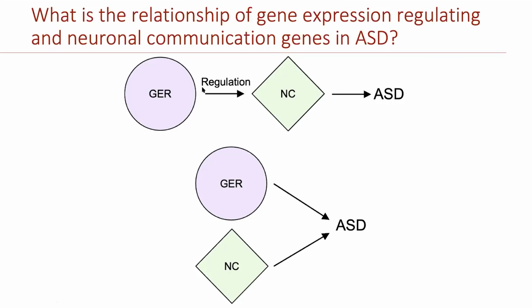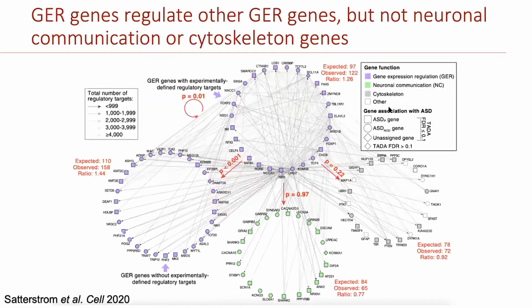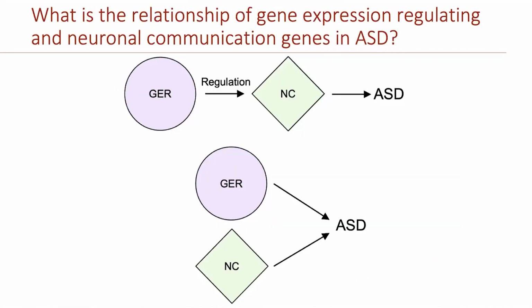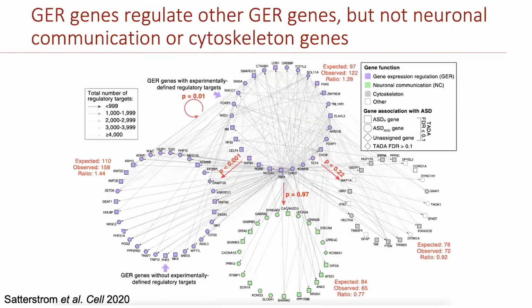Now, the top one seems like the simplest model. Since these are genes which act through a regulatory mechanism, it would make a lot of sense that they act through the neuronal communication genes leading to autism. Now, this is an answer which I think it's fair to say is not definitive, but we're seeing some interesting data which is making us question whether that model is the correct one.